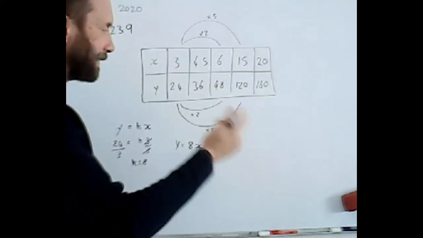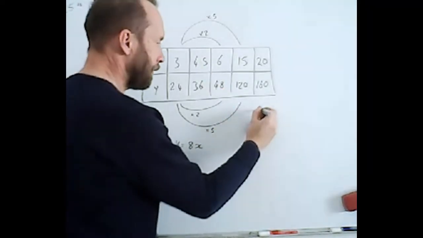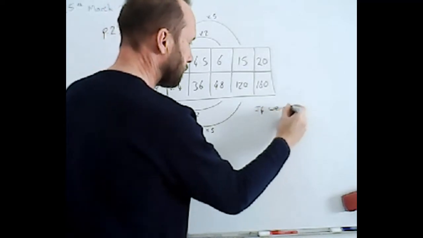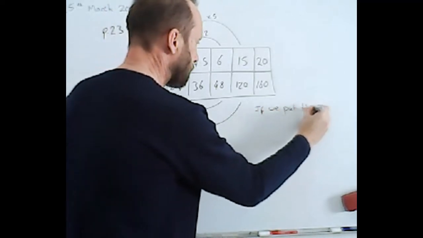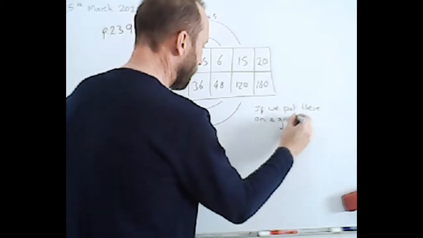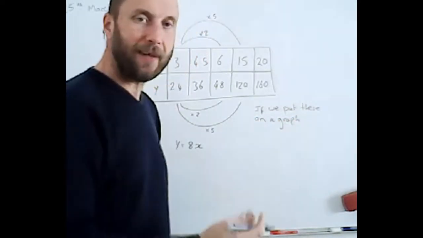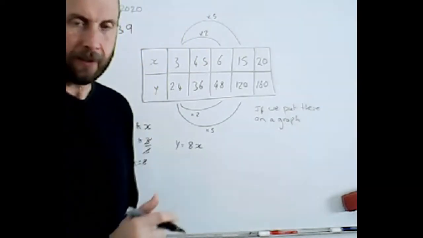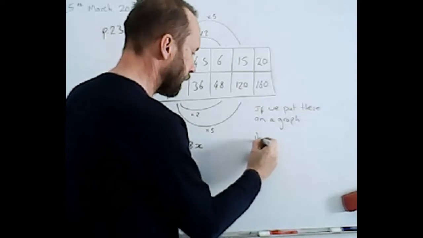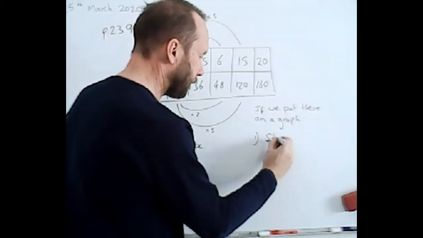Okay, and the other two things, if we put these on a graph, again this isn't in the book, if they're in direct proportion, there are two things.